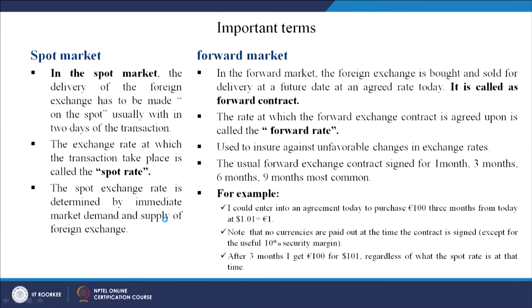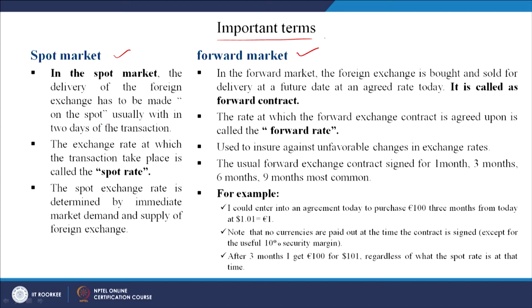Now, we will look at some important terms before moving further. One is the spot market and the forward market. Spot market you have just understood, before we were talking about spot, something on the spot. In the spot market, the delivery of the foreign exchange has to be made on the spot, usually within 2 days of the transaction.